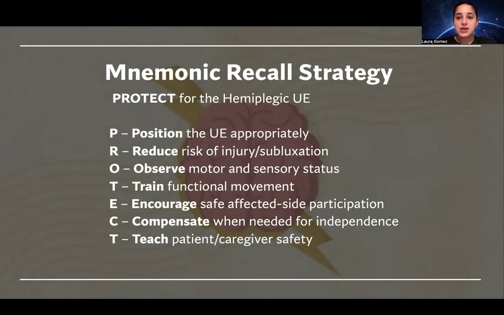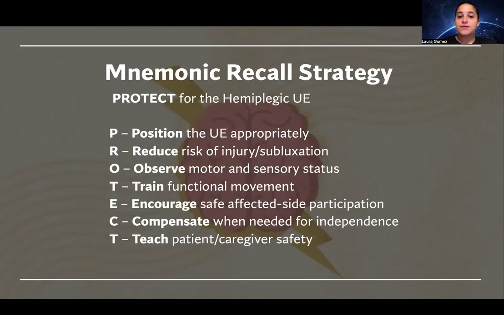When we're doing the transfer, when we're doing the dressing, position that right or left upper extremity in a correct way so it doesn't get subluxated. R, reduce the risk of subluxation. Like I said, this is the main important thing, and it is very common for patients recovering from a stroke to suffer subluxation of the shoulders.